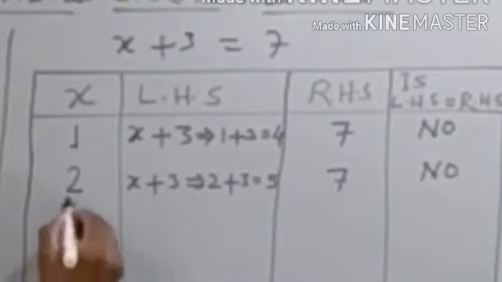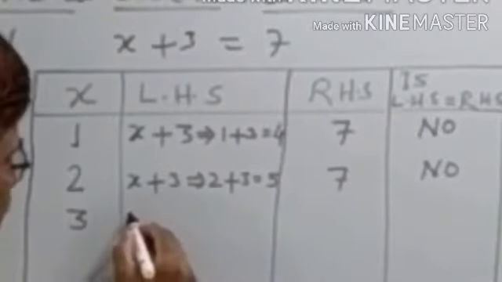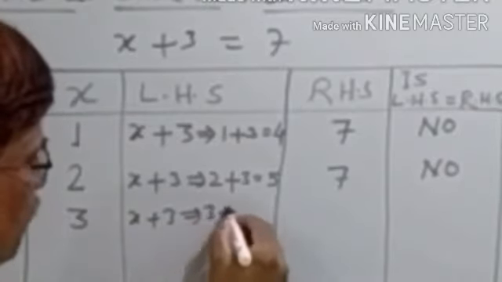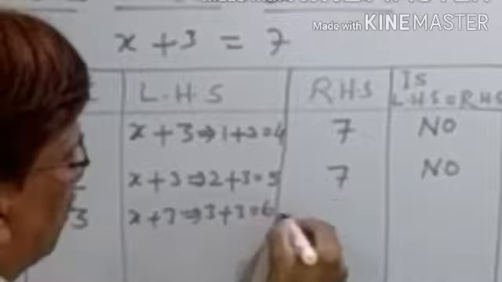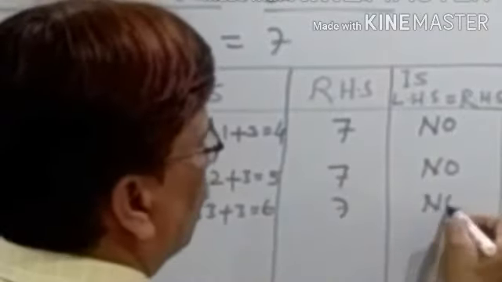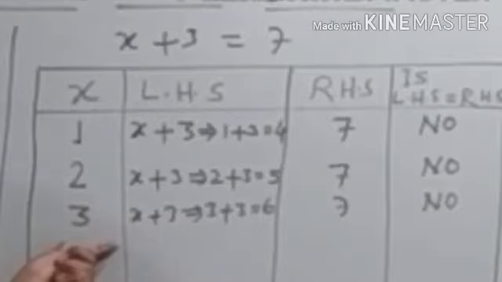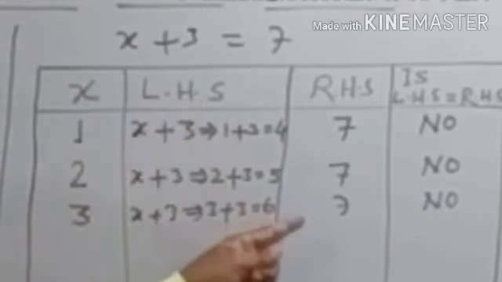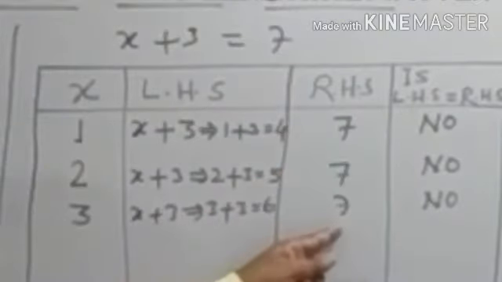Now substitute the value of x as 3. Left hand side x plus 3, 3 plus 3 is equal to 6, 6 is not equal to 7, no. Students, we substitute the value of x till the left hand side becomes equal to the right hand side.